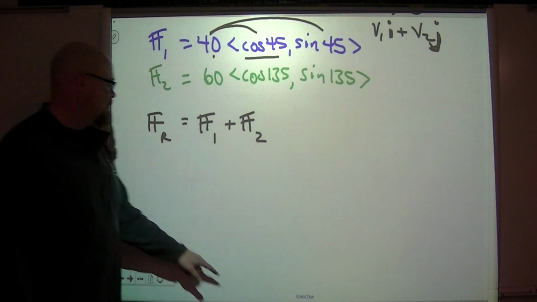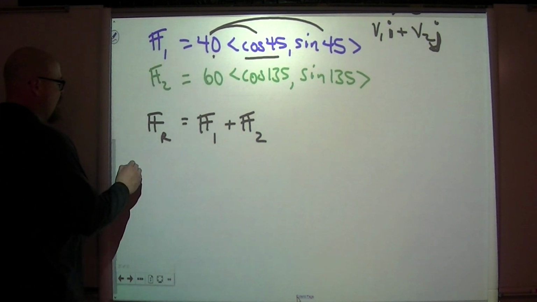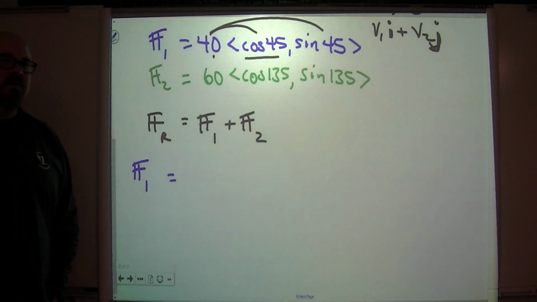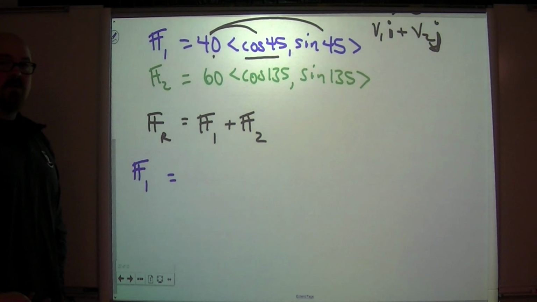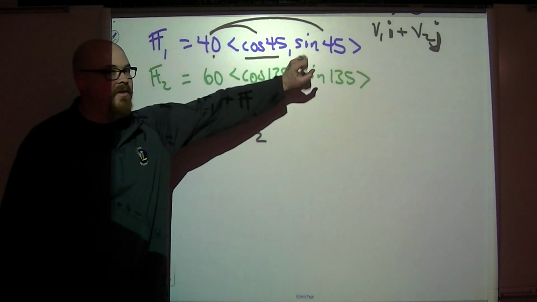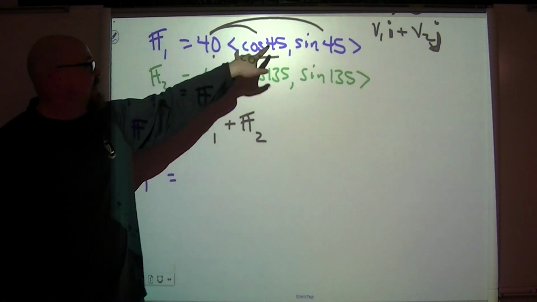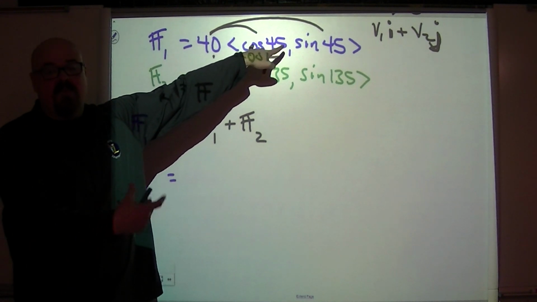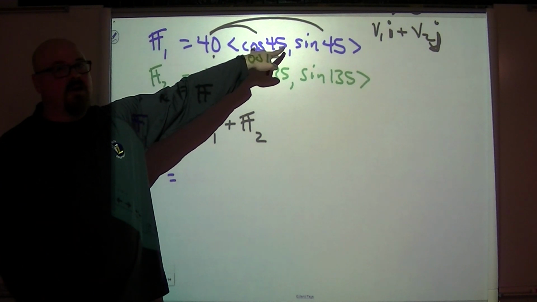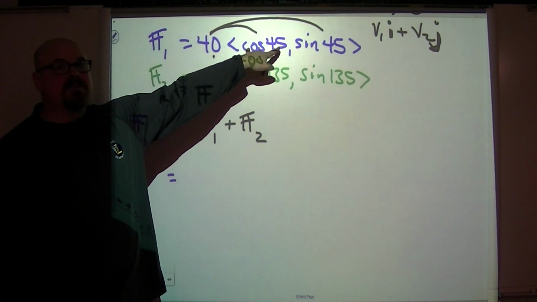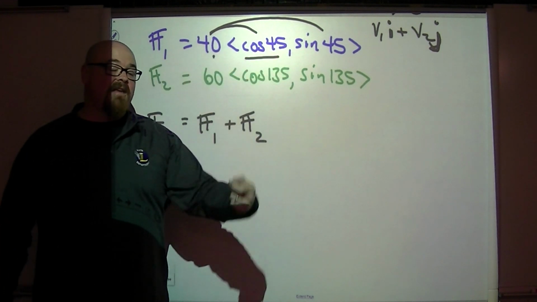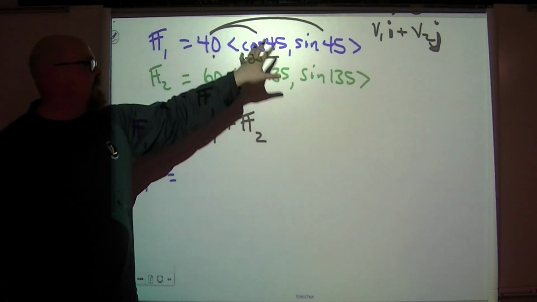Let's rewrite force vector 1 in decimal form before I go any further, because that'll make a lot more sense than looking at all of this nonsense. Keep in mind, this has a decimal value to it. You might remember what that's equal to from your work on the unit circle, which would be awesome. But I'm going to write force vector 1 in its decimal form instead of in this format.